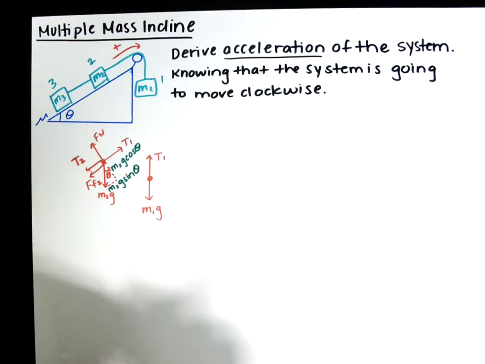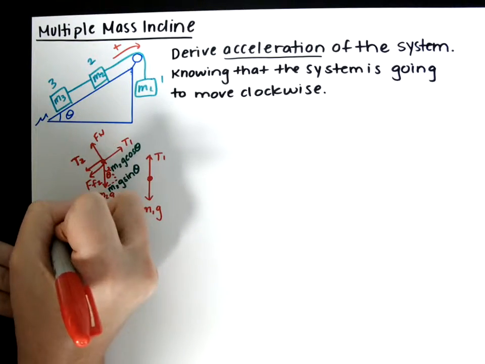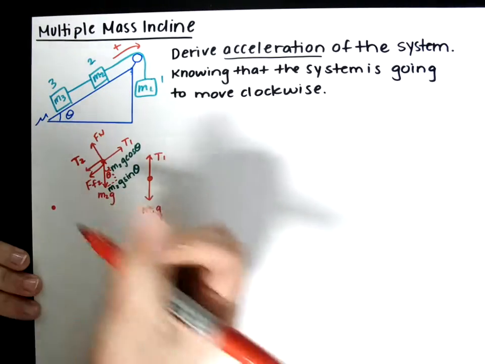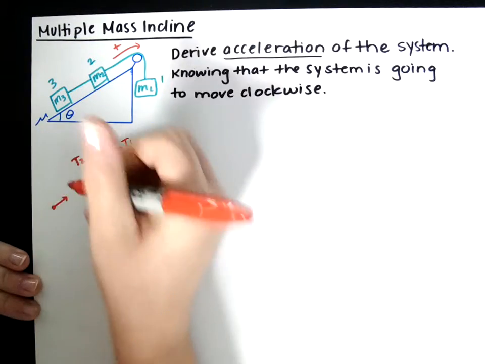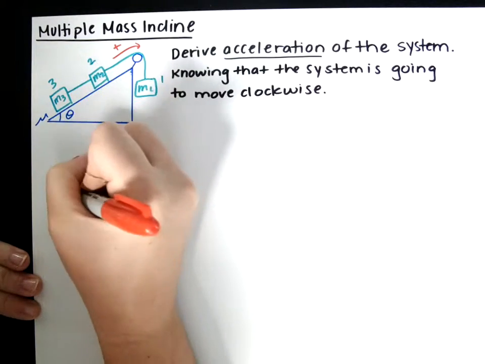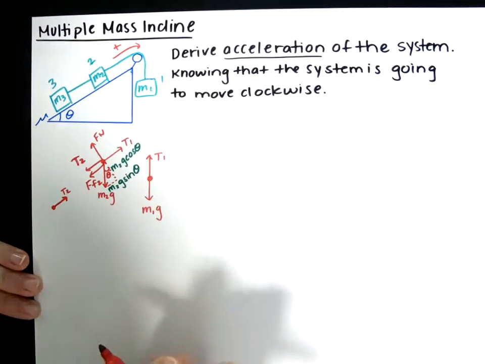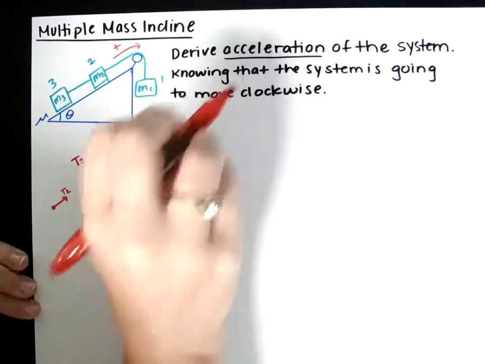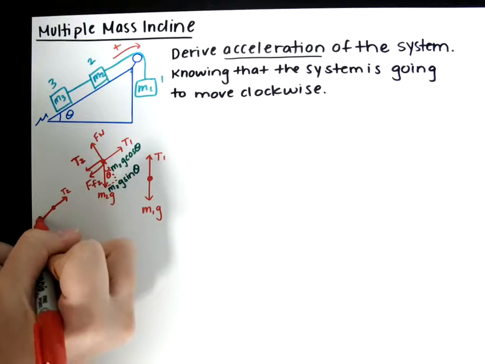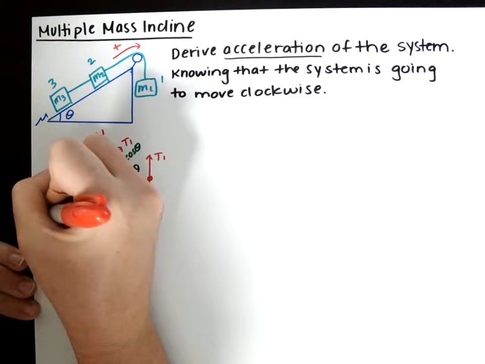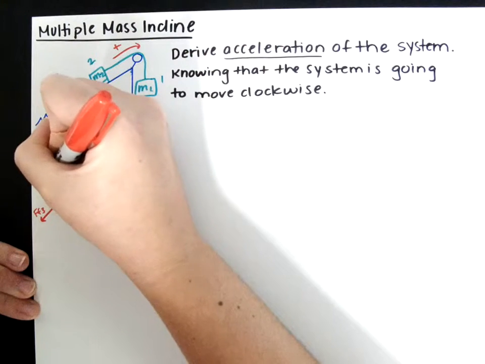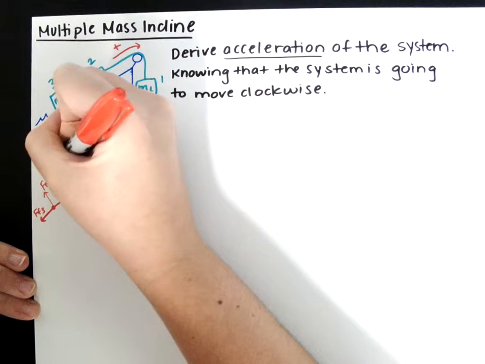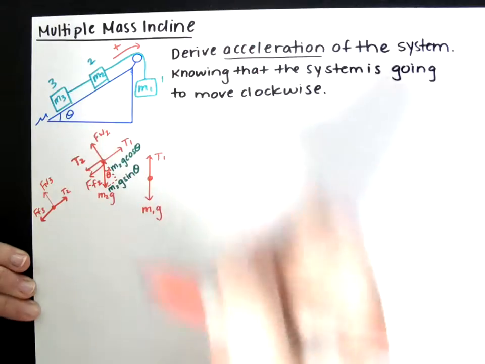And our third object is M3, and it's a little bit further down the incline. So we once again have tension pulling up on it to the right. This time it's the second string, so it's T2. And since it's going to be moving up the ramp, its force of friction is down the ramp, F friction 3. And its normal force is perpendicular to the surface, Fn3. Let me specify number 2 as Fn2.